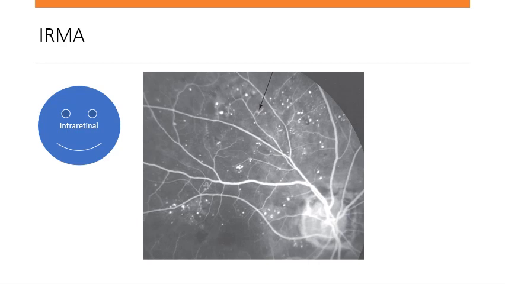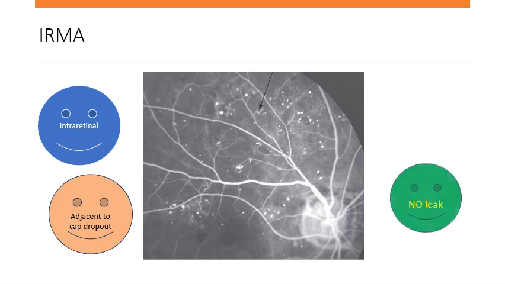When we say intraretinal, we mean that it did not penetrate the internal limiting membrane. Usually, it's adjacent to an area of capillary dropout. We'll see later what is meant by capillary dropout, but usually it is a sign that the diabetic retinopathy is getting worse. It usually appears when areas of the retina become ischemic.